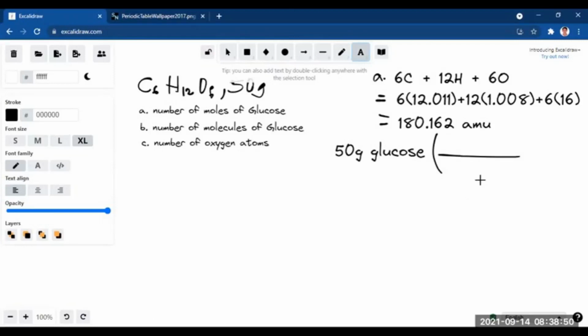Okay, and then the mole will transpose, 1 mole over 180.162 grams.